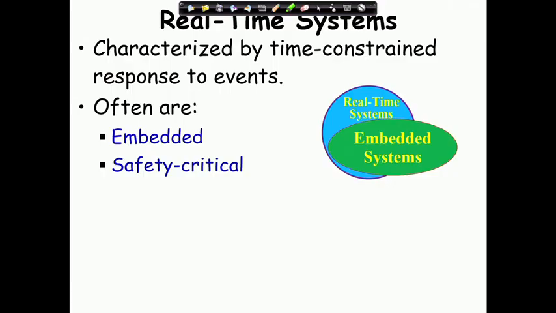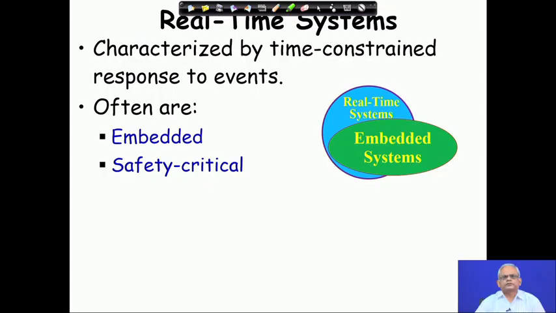The embedded systems are the ones where the processor, the computer, the software is part of the system and it controls the system. So, the computer system is embedded within the physical system. There are many examples of an embedded system, hundreds of thousands of examples.